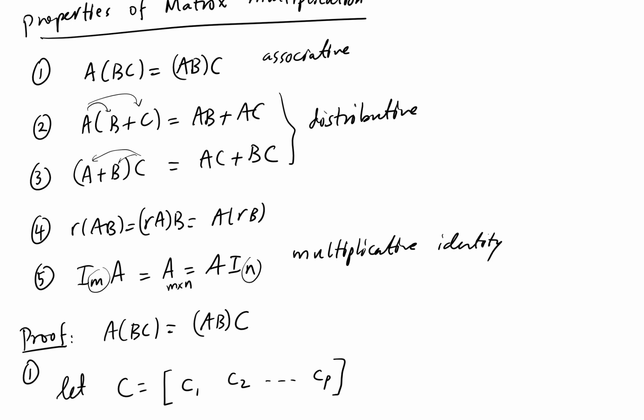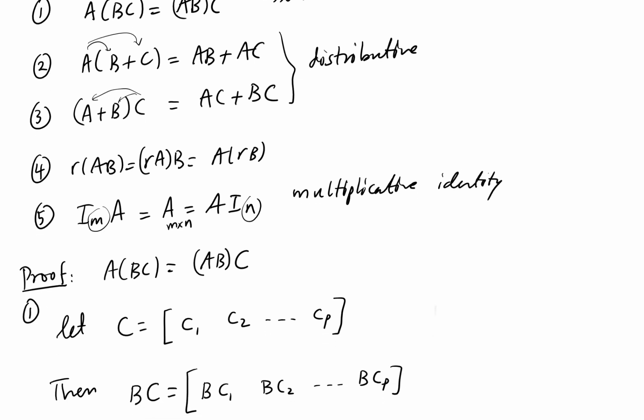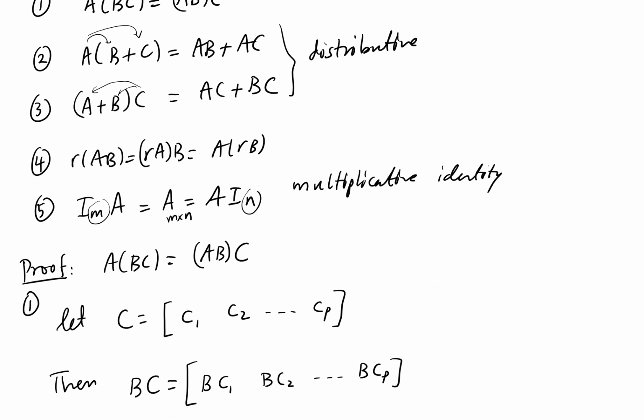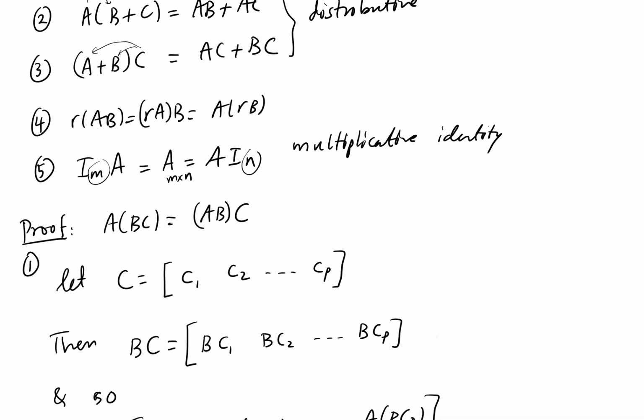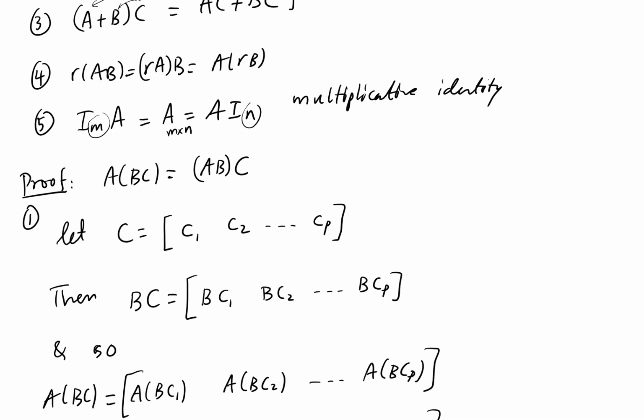If we let matrix C have columns C1, C2 all the way to CP, then BC, when you multiply B times C, you multiply B by the columns of C. So we write it this way: BC1, BC2, all the way to BCP. And so when you multiply A by BC, you multiply A by BC1, A by BC2, A by BCP.